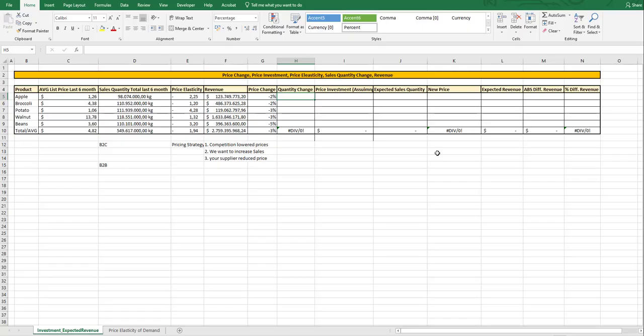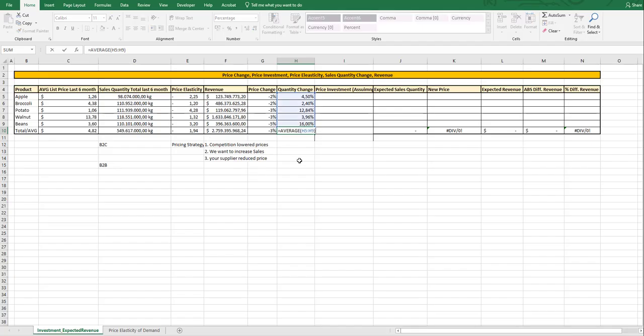changes 1%, price decreases 1%, then your quantity will go up 2.25 times. So the quantity change will be E5 multiplied with this one, 4.5%. You can pull down the formula, and here below you see the average.